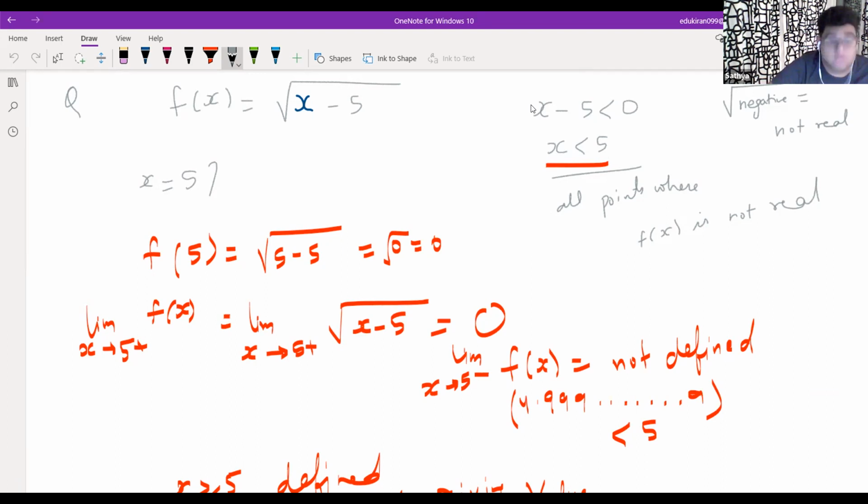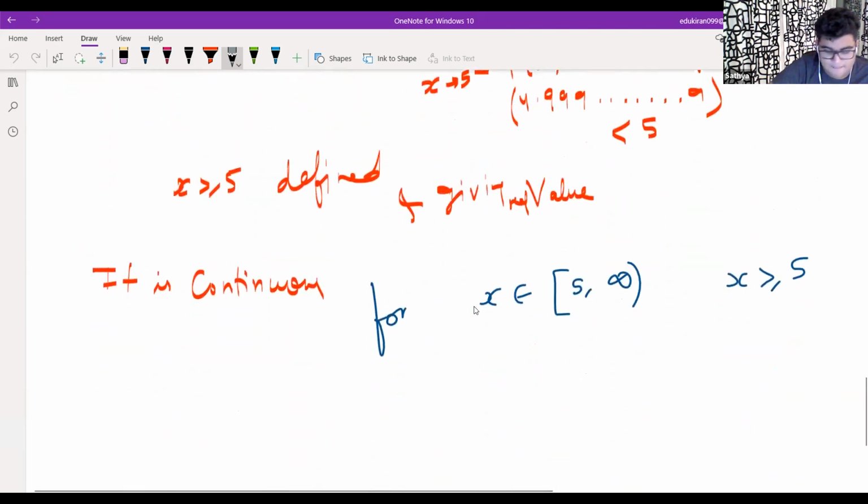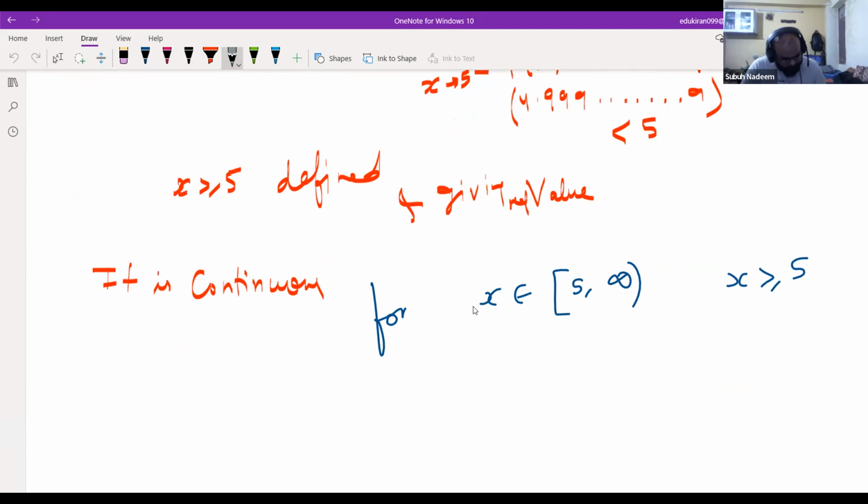So can you scroll down? So x is greater than or equal to 5 defined. What is that after that? And giving real value.